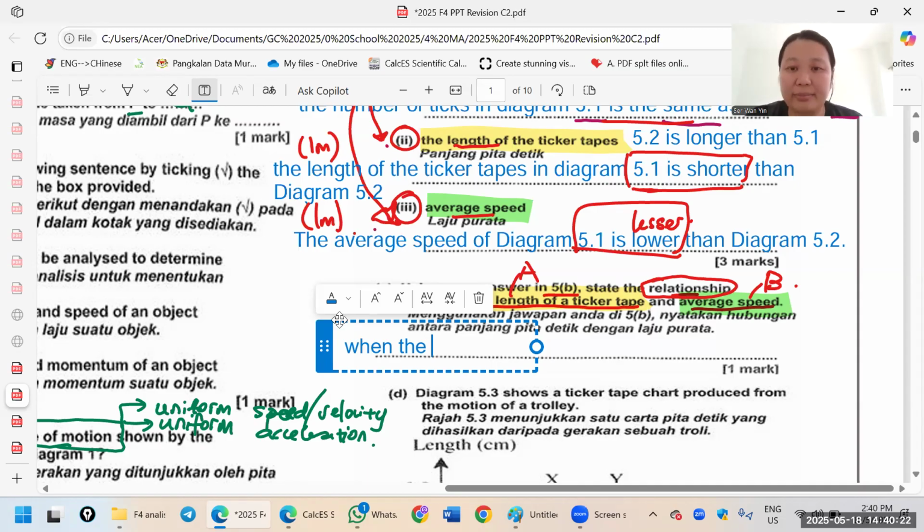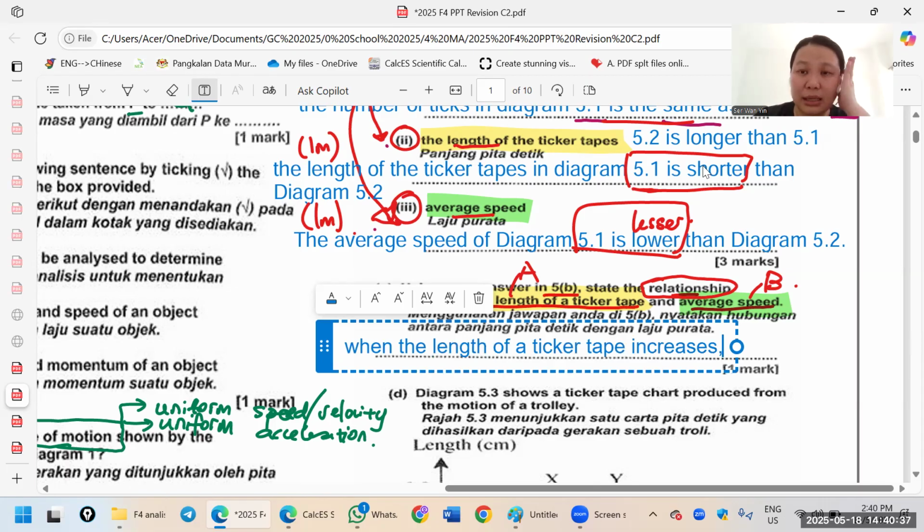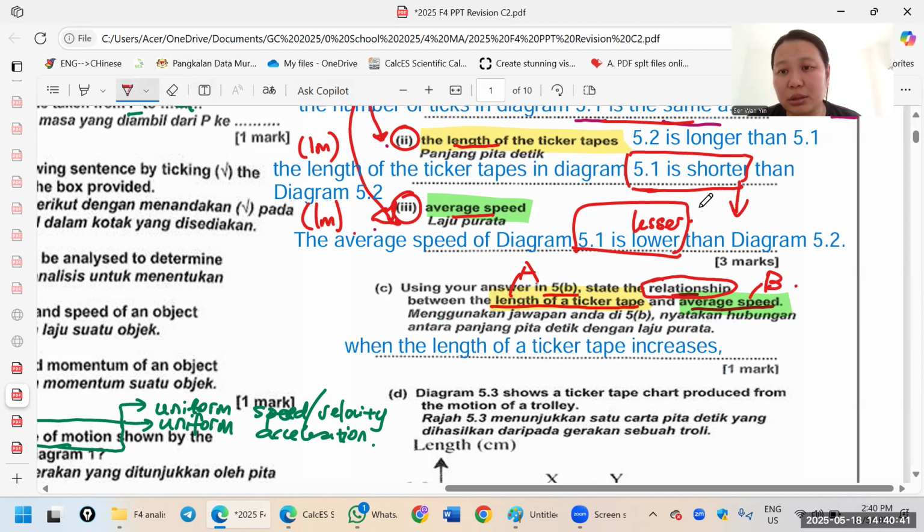Okay. When the length of a ticker tape increases. You may say, teacher, just now shorter word can make. Actually, is relationship. If you say shorter, lesser can means on the same time.